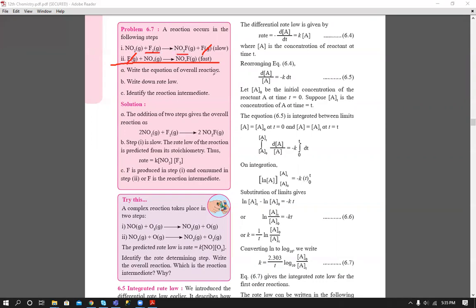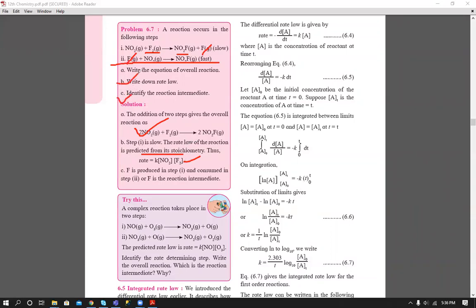This is the overall reaction. And write down the rate law. This step is the slowest step, so the rate law will be equal to the concentration of this reactant: K[NO2][F2]. The power is predicted from the stoichiometry, so the power is 1. That's why the power is written as 1.